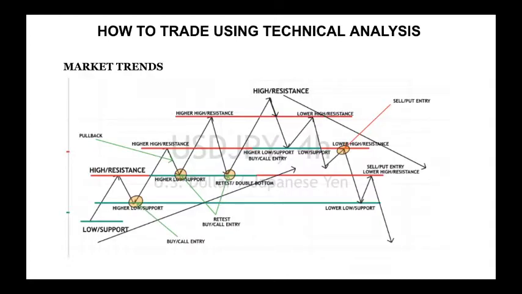session. Now, another way of trading using technical analysis is market trends. When the market is moving up, it's going to start from a low point, and that point where it starts from is considered a support. So when price moves from a low point to a high point, it will come back down, just like the law of gravity: whatever goes up must surely come down.